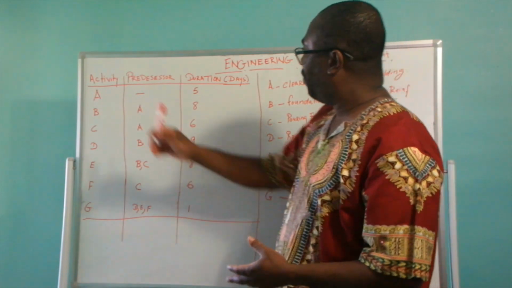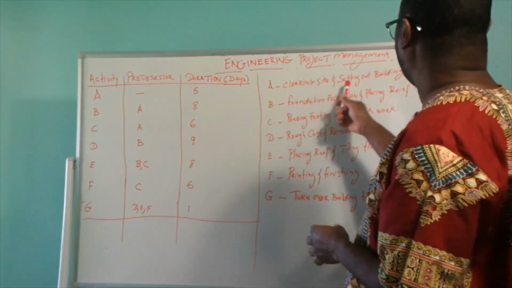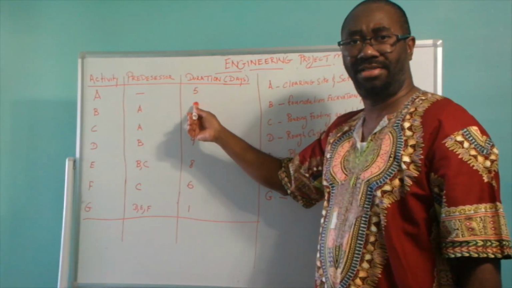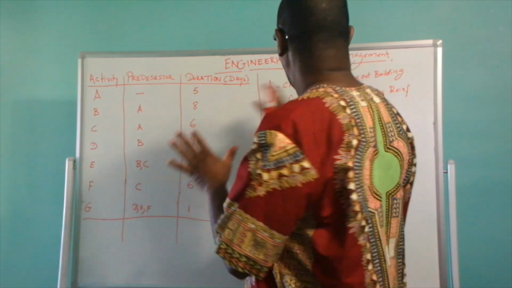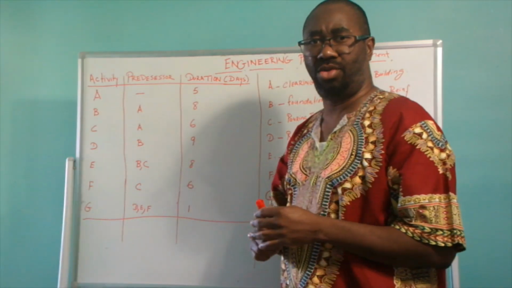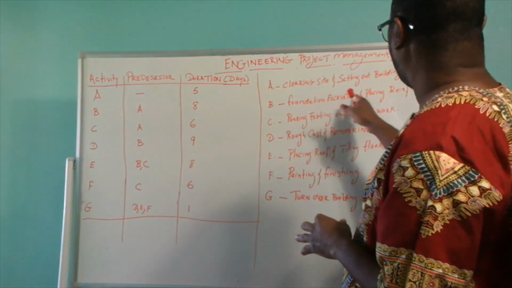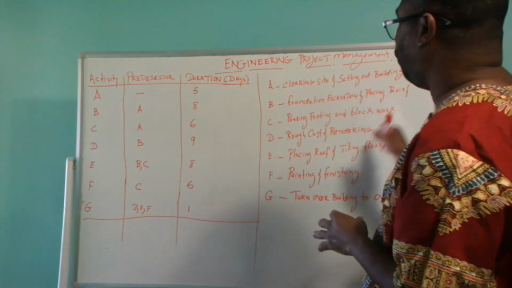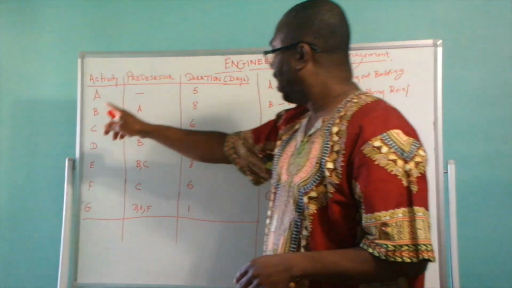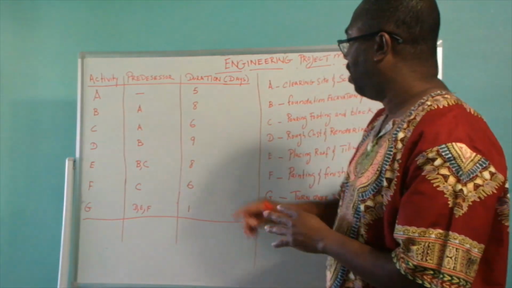So let me go back and tell you what is going on with this chart. Activity A, clearing site and setting out of building, has a duration of 5 days. That means to clear the site and set out the building, you have 5 days. Activity B, foundation excavating and placing reinforcement, has a duration of 8 days. Activity C has a duration of 6 days.